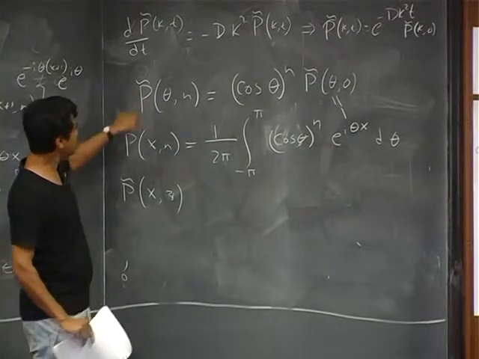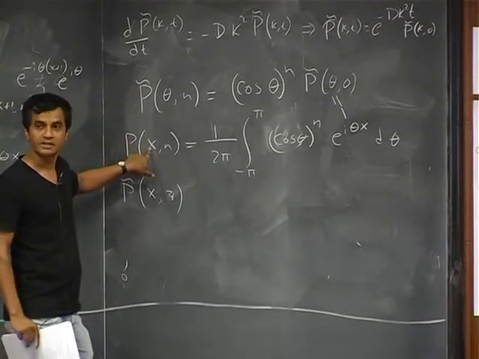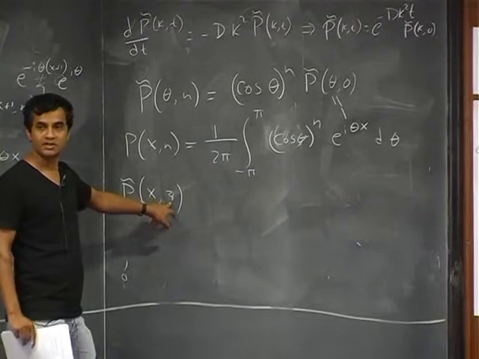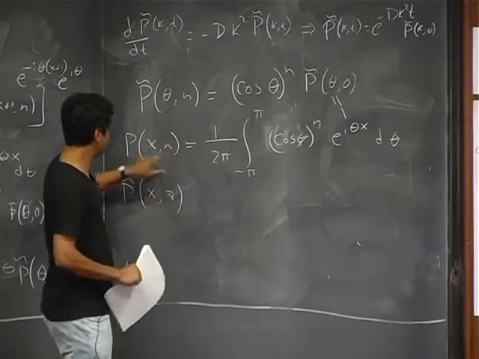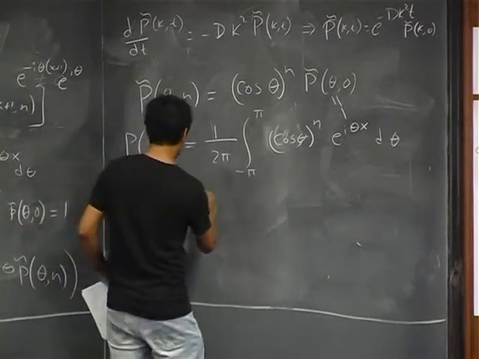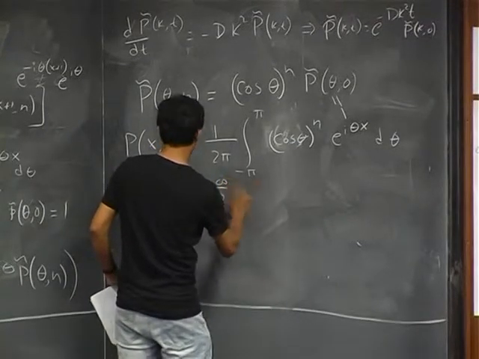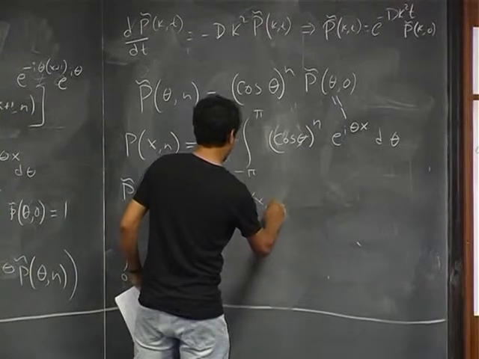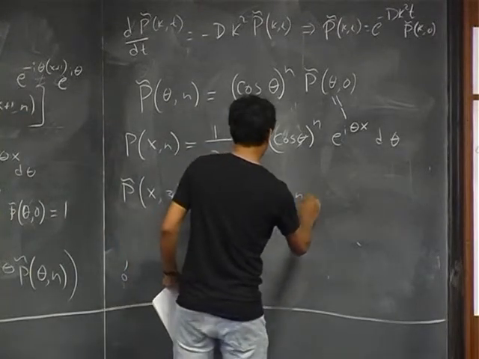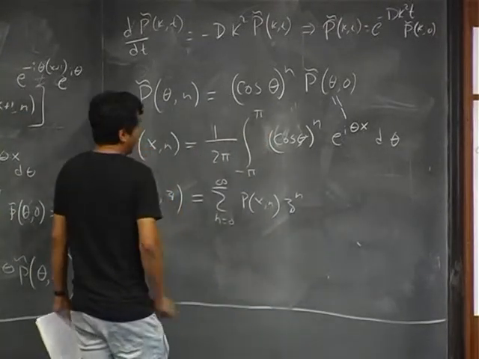Okay, so this part actually we solved by taking a Fourier transform in x, and now we are taking kind of a Laplace transform in z, right? So what is the definition of this generating function? So this is a sum over n.